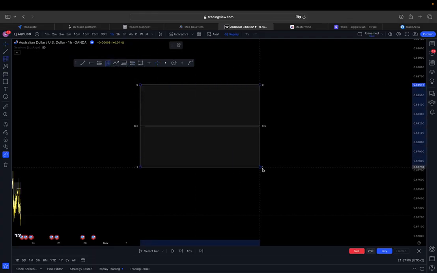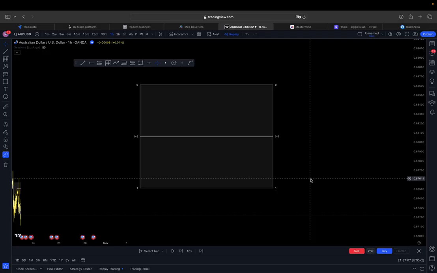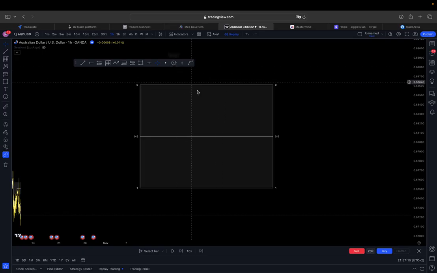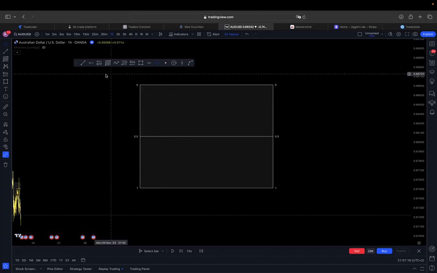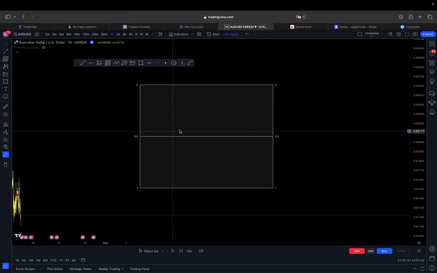Now let's come back here. I created this. Now, for TS to work, you need two confluences: a fake break of structure, and another confluence to make it work.